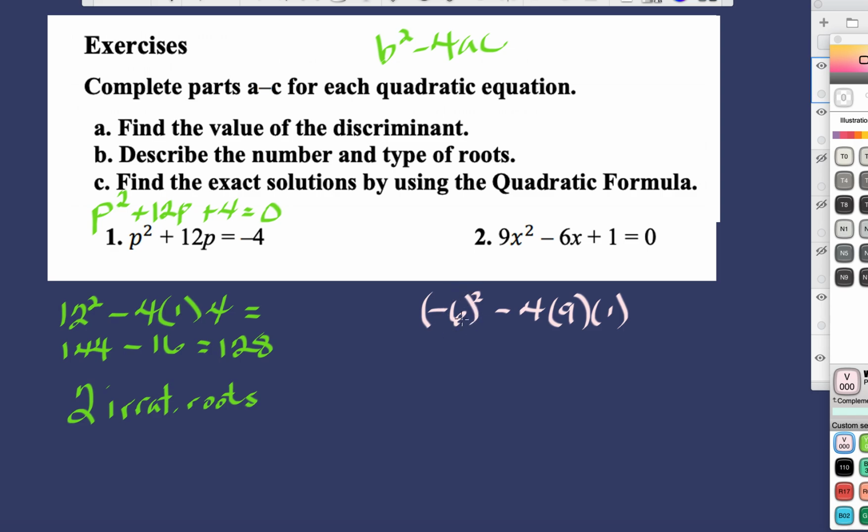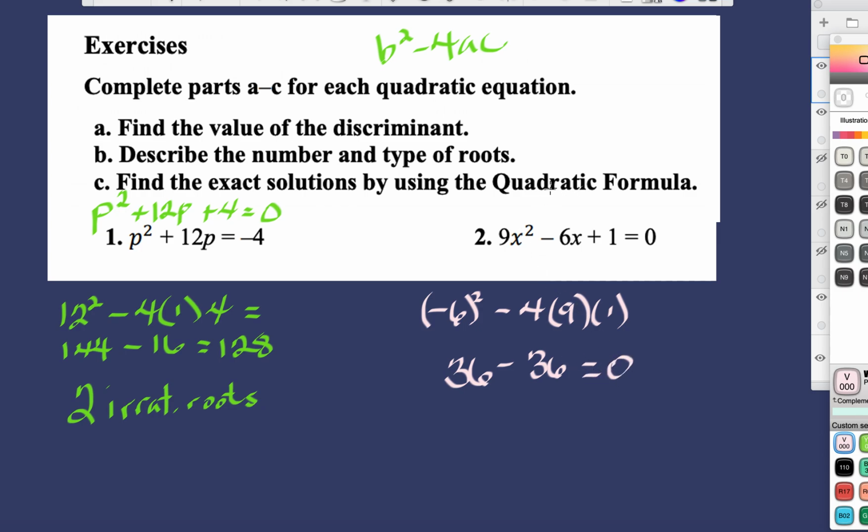Okay, here we go. This is going to be an interesting idea. Look at this. 6 times 6 is 36. So that's 36. Wait a minute. Minus 4 times 9, isn't that 36 as well? So it equals 0.